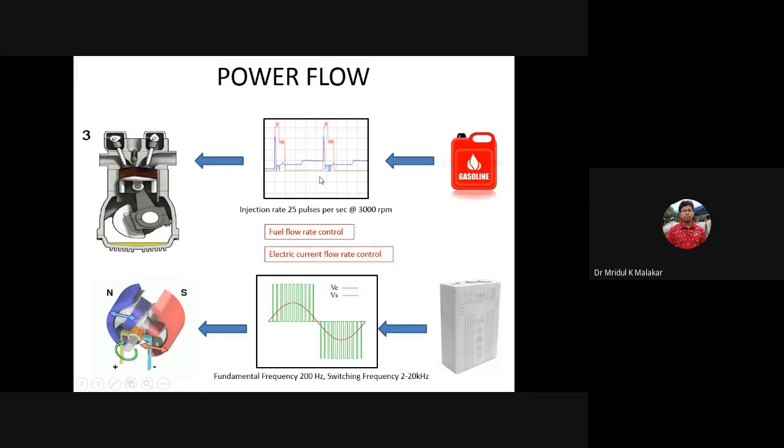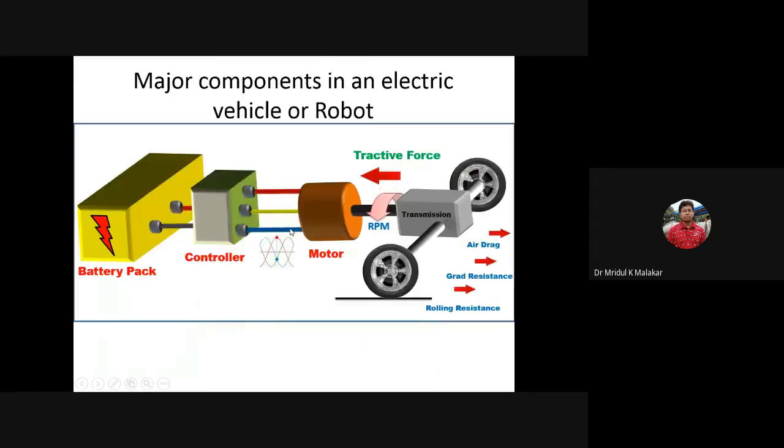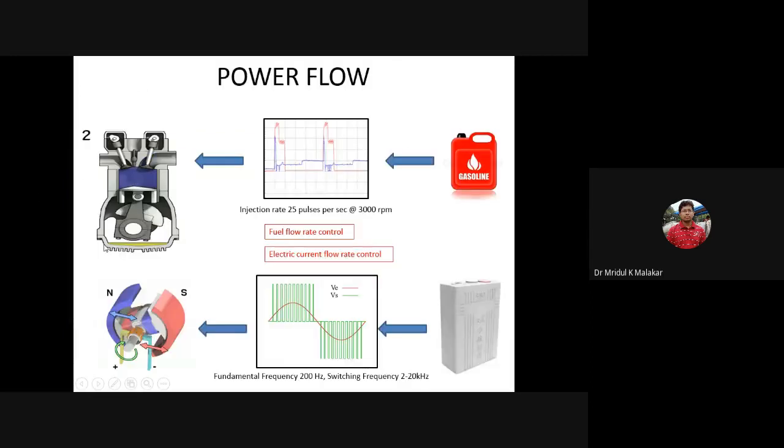So next, I can see that this is the motor. It is a very abstract version of any mechanical and electrical system. Next, this is also one dynamic understanding of the complete system. Previously we saw that this is the motor and this is the source.